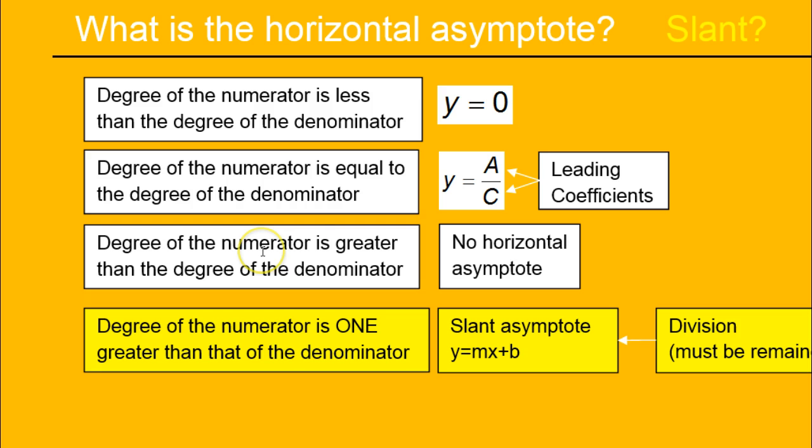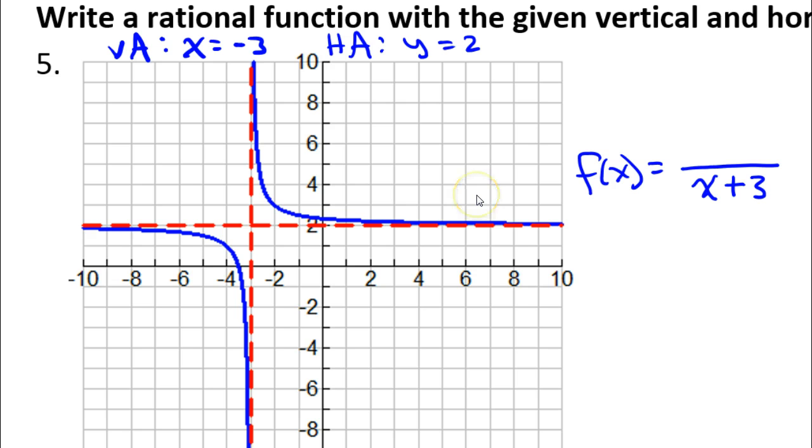If the degree of the numerator is greater, then there is no horizontal asymptote. So I don't want that either. My only hope at getting y equals 2 is for the degree of the numerator and denominator to be equal. If they're equal, then you get the horizontal asymptote by dividing the leading coefficients. So I need the degree to be equal.